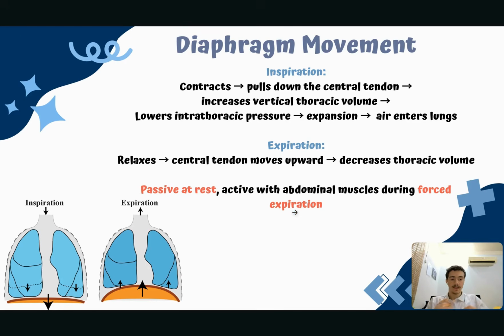They are active when you need to force yourself and squeeze more. But in normal expiration, only the diaphragm relaxes and goes back to its place, so it decreases the volume and increases the pressure.